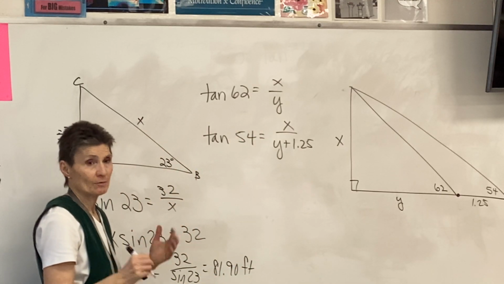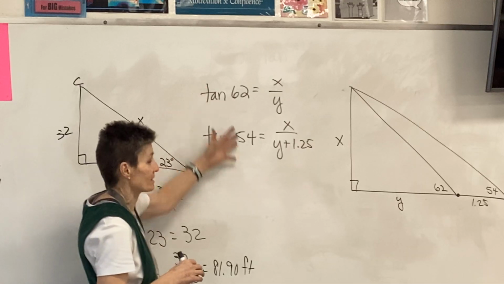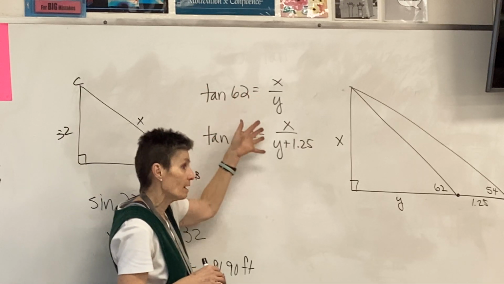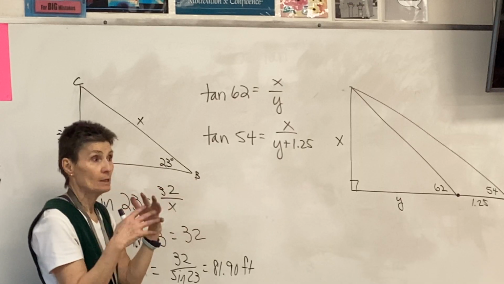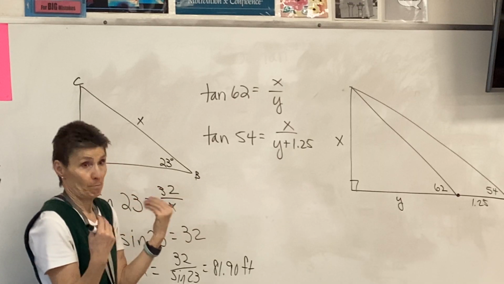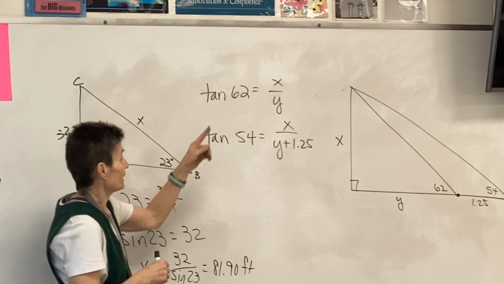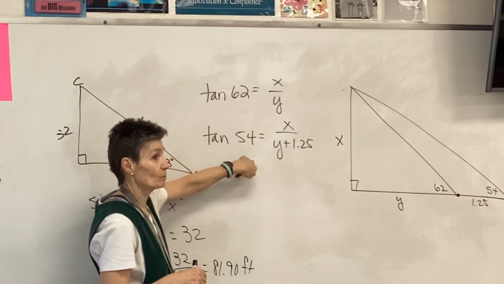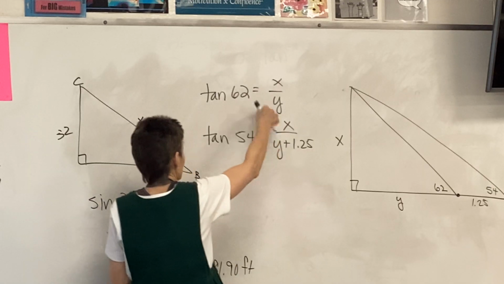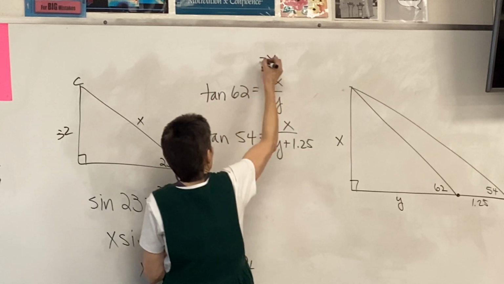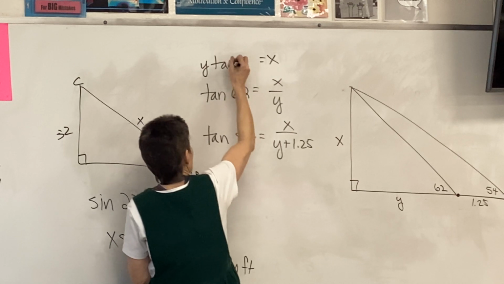So we had one of these the other day. What do I have here? A system of equations. I need to substitute or eliminate. My personal favorite is, can I get x by itself in both of these? Yes. And then set them equal to each other. So x here is going to equal y tan 62.